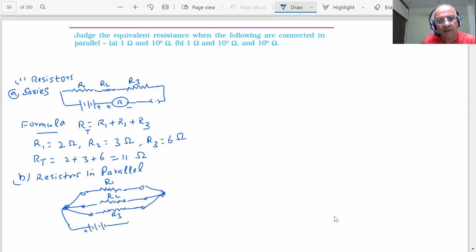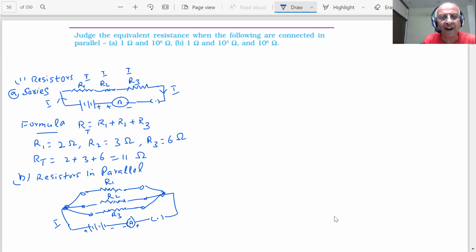What is the result of this, students? If I have an ammeter, this is minus, then it is plus, and you have a key. In this case, the current I was passed. If current I is passed, what will happen?